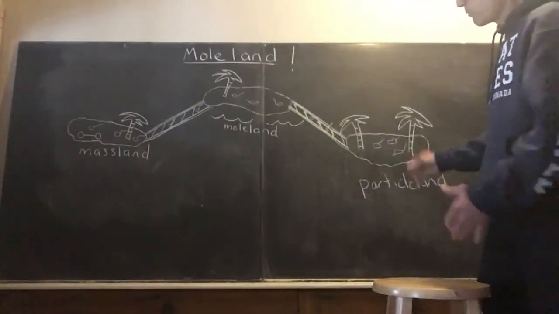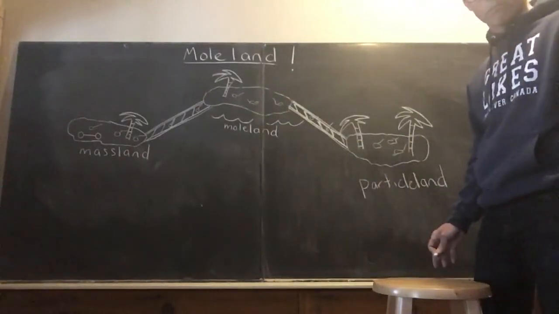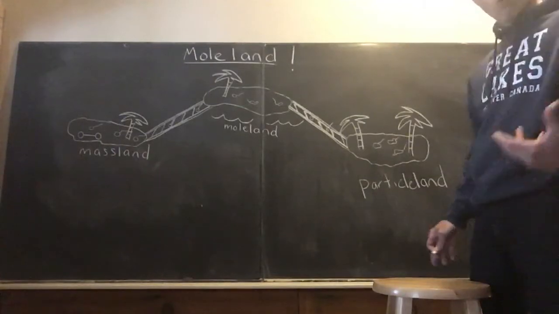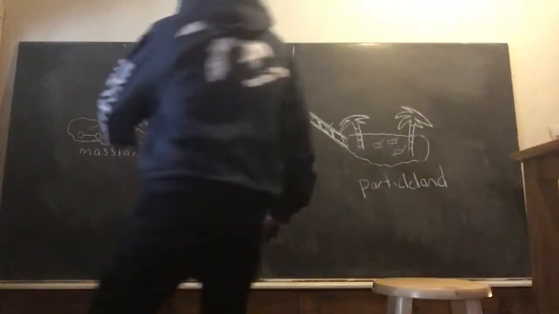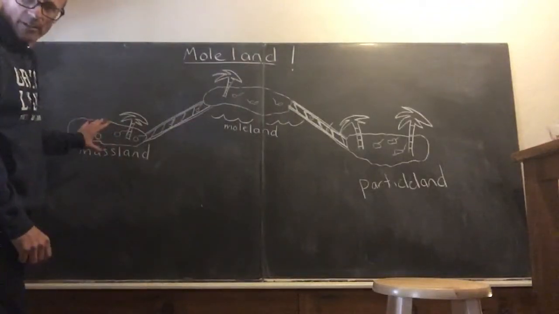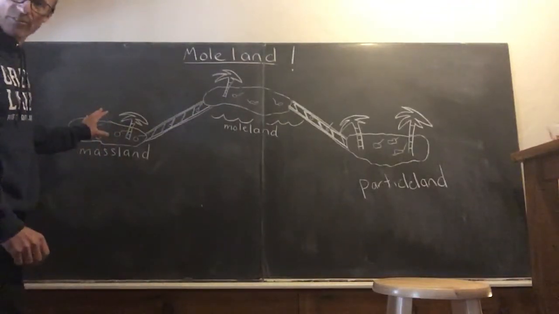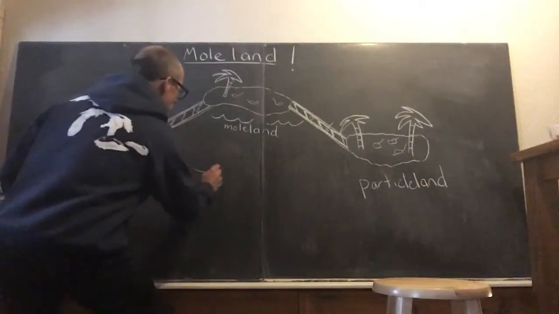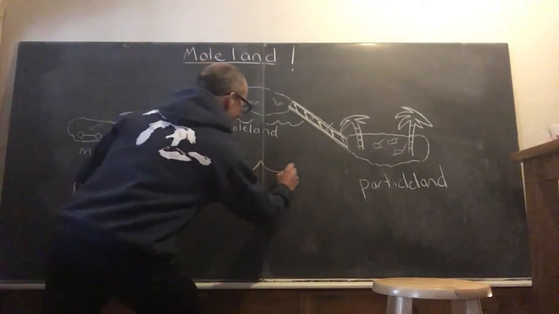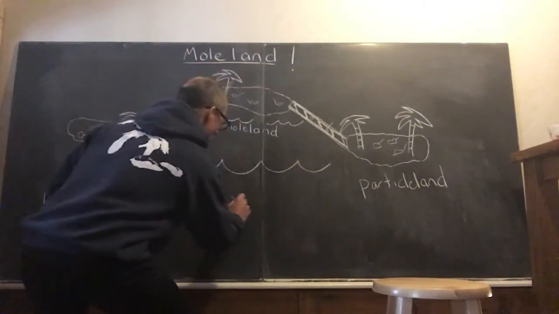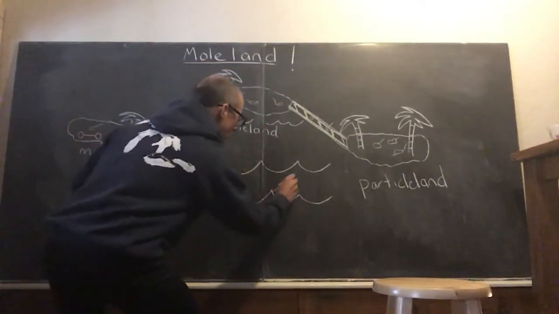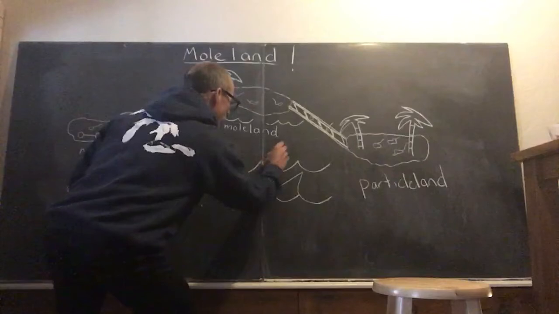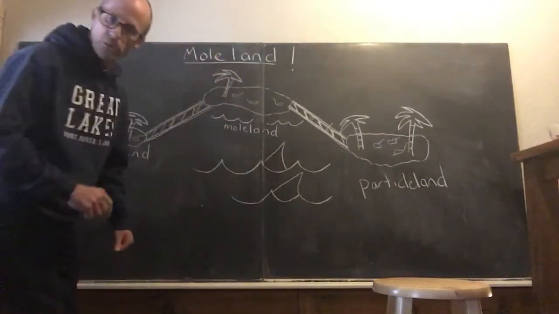Now it is interesting when you look at this little paradise that we've described here, there's no bridge between Particle Land here and the first island over here. There's a simple reason for that, and that's because there are little things, or should I say big things, in the ocean that love to eat moles.